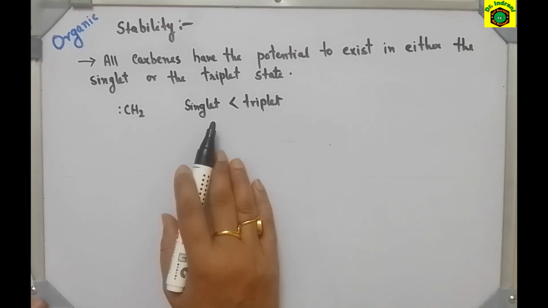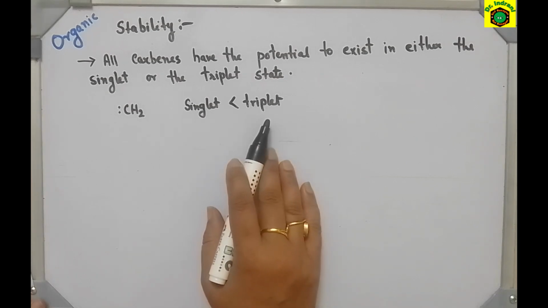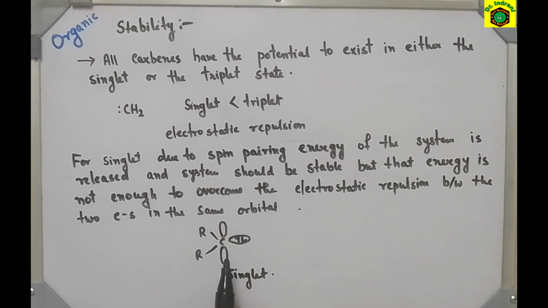But that energy is not enough to overcome the electrostatic repulsion between the two electrons in the same orbital.